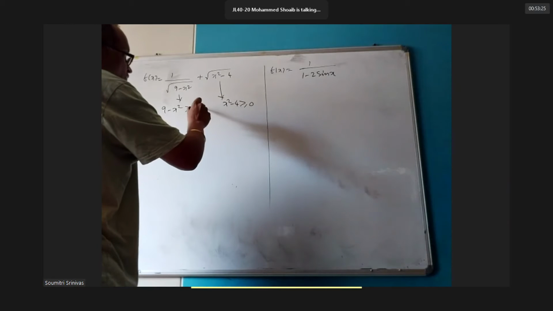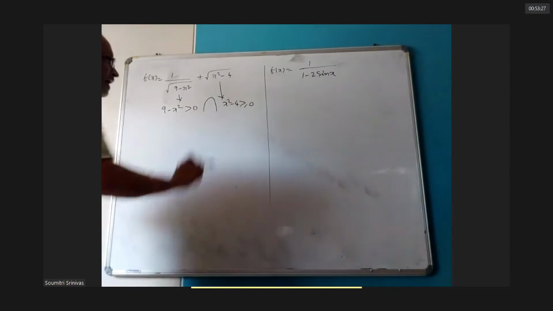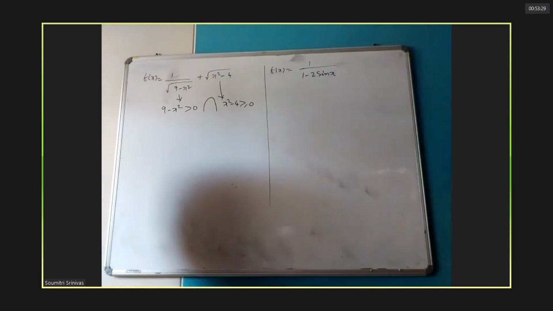When is root of x square minus 4 defined? X square minus 4 greater than or equal to 0. दोनों का क्या लेना? Intersection.